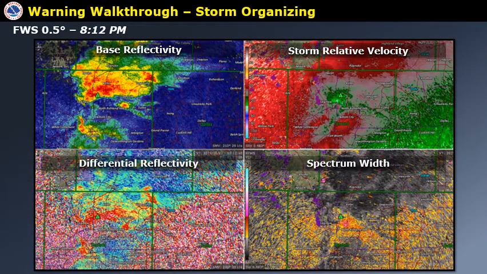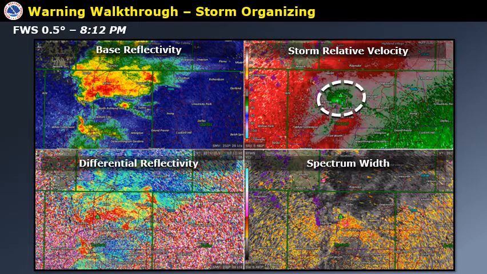Now, just after 8 p.m., we start to see some organization of a supercell thunderstorm across northern Tarrant County. The base reflectivity reveals a loosely defined hook echo with increased concavity in the reflectivity field. The storm relative velocity product reveals a region of greater velocities, suggesting better organization of the low-level mesocyclone.